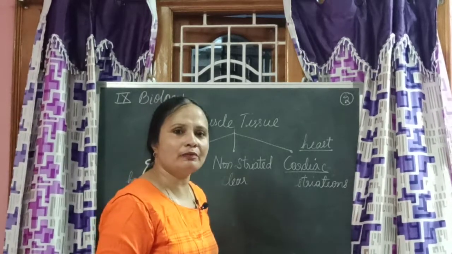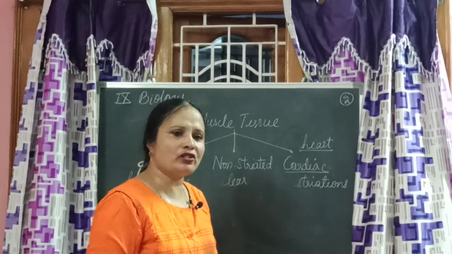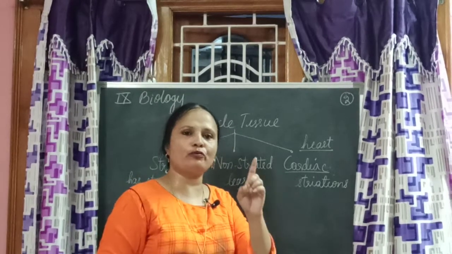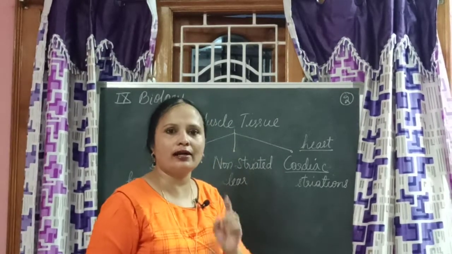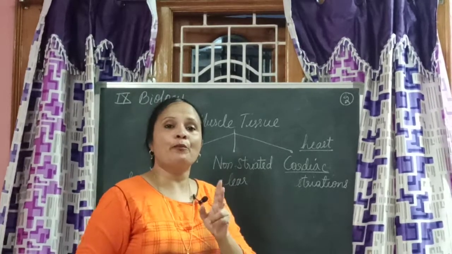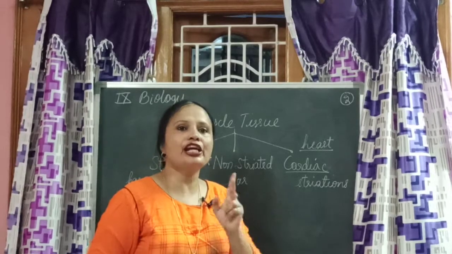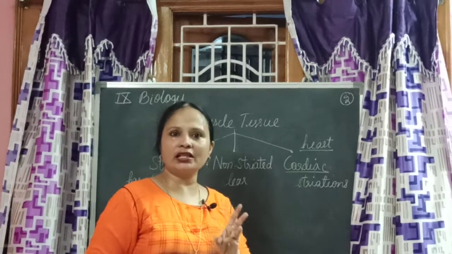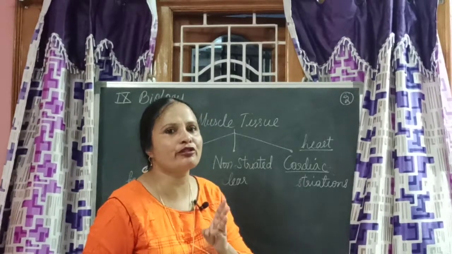What should the heart muscle have? First and foremost requisite for the heart muscle is, it should be continuously working. The second thing is, because it is continuously working, it should not get tired. The third thing is, it should not give up because of the pain.